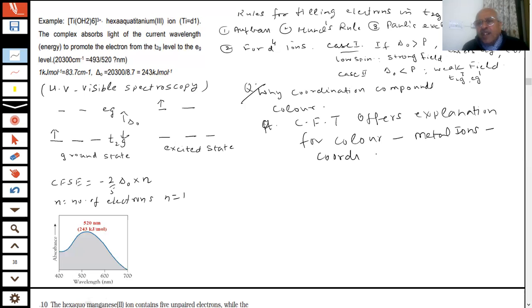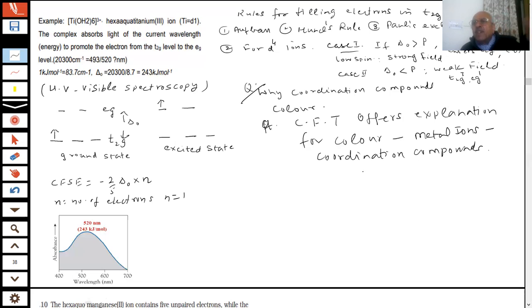Okay, students, you are not sleeping. Now the story is that because of the splitting of the d orbitals, students, there are electrons in the T2G. They can absorb light, and then they will get excited to a higher energy state. They will absorb a definite wavelength of light.